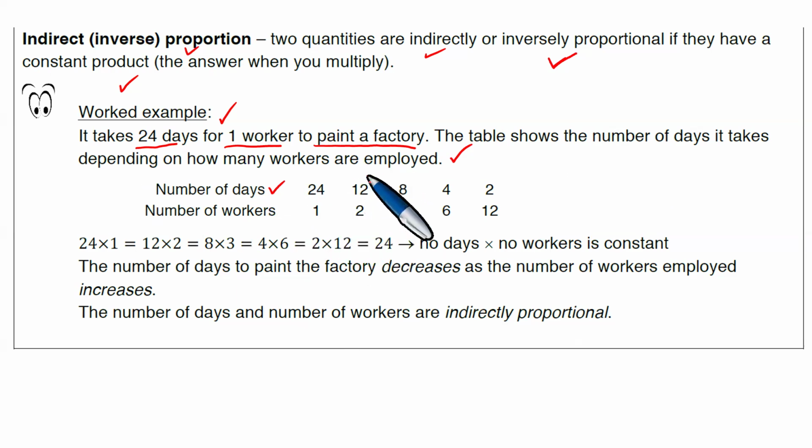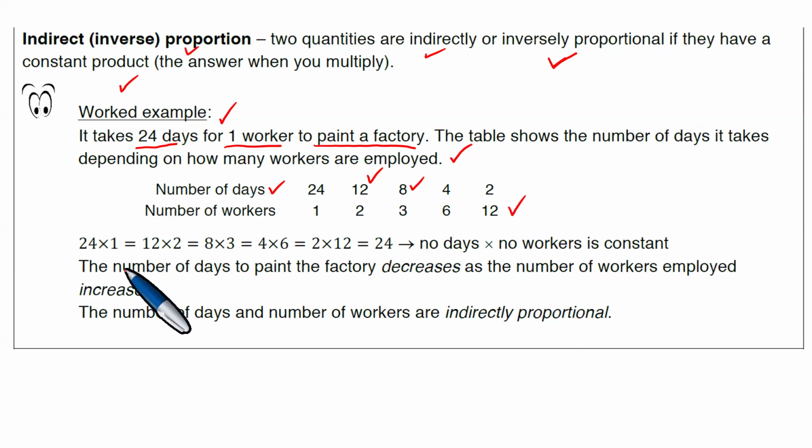But if the factory must be painted in 12 days, you need 2 workers. In 8 days, you need 3 workers. In 4 days, you need 6 workers. If they're to paint this factory in 2 days, you need 12 workers altogether.